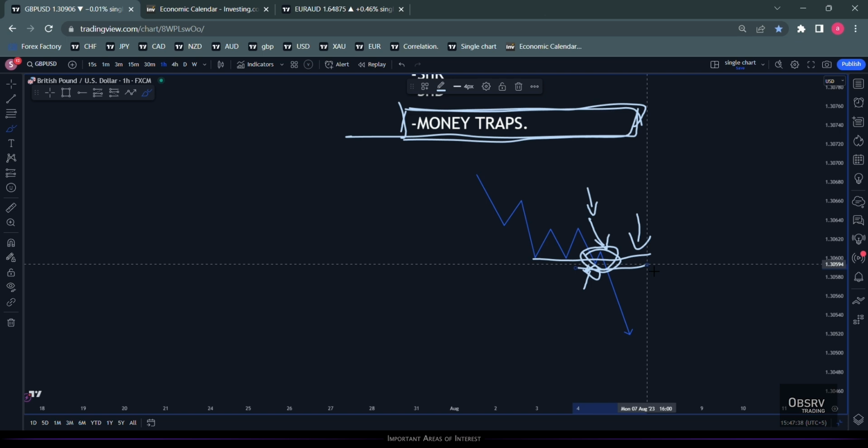So the institutions, the hedge funds, the bigger sharks, they open small positions on the buy. And as soon as they figure out that they've enticed enough people to go into the buy side, they hit it hard for the sell side. The price shoots down, but the buys that they had opened are still open.